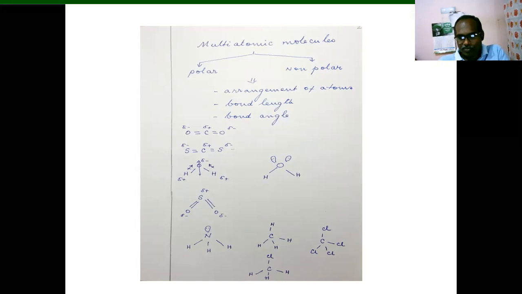And only because of this permanent dipole moment, water molecules align themselves in such a way that the hydrogen of one molecule goes closer to the oxygen of the other molecule, and then the hydrogen of the other molecule goes close to the oxygen of the first molecule. This is how water molecules aggregate and form the liquid state. Otherwise, water would exist only in the gaseous state. As I have discussed earlier, even our adaptation, our external structure, our form, everything depends upon how the molecules are available for us.